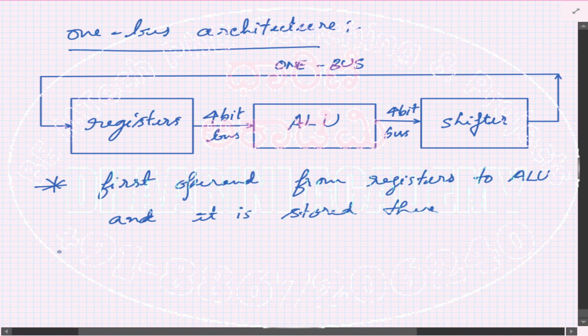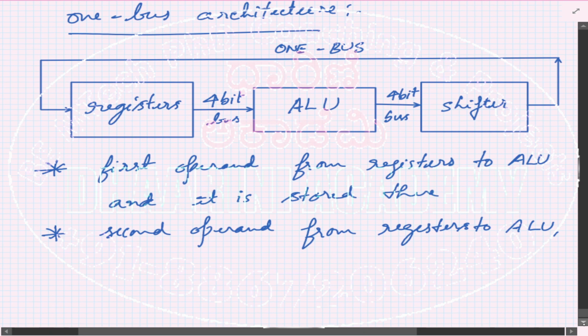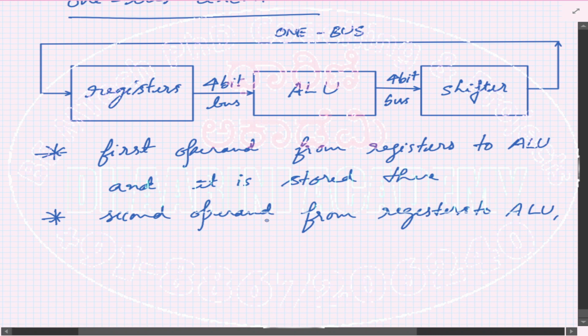Now we need to take out the second operand, which is also assumed to be present in the register itself. So we go for the second operand from the registers. You don't have to save it, because one of the operands is already present over there. What you can do is perform the ALU operation, whichever is required, because maybe the question is to perform addition.